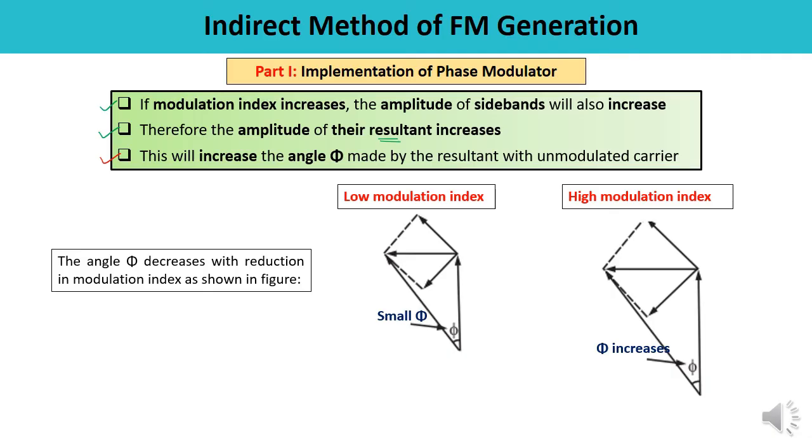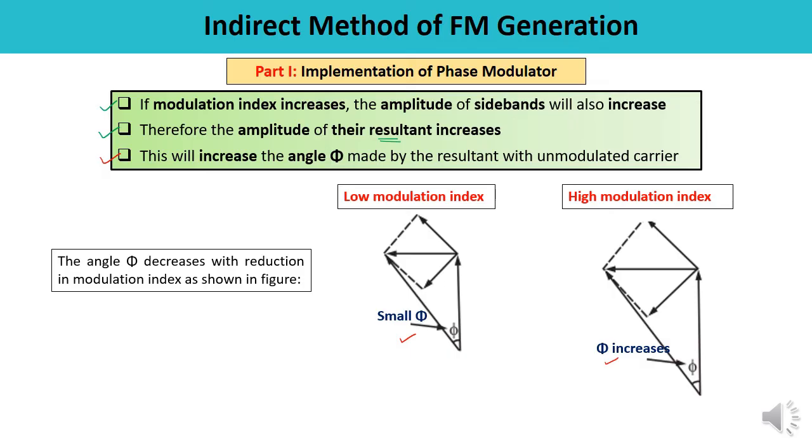You can see in this particular diagram, the two phasors have been shown. One is for the low modulation index, the other is for the high modulation index. In case of low modulation index, the angle phi is small, while for high modulation index, angle phi is increased, because the amplitude of the resultant is also increased.